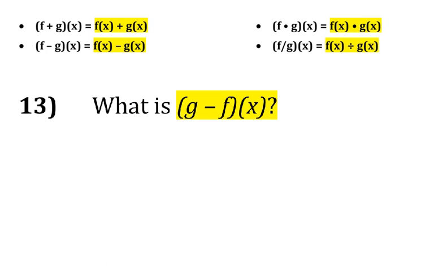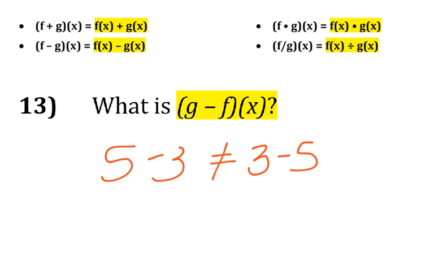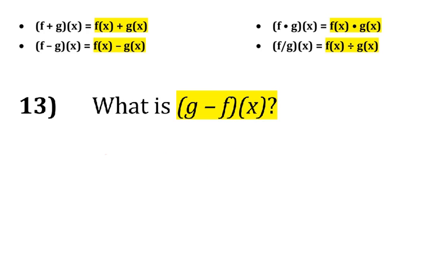Okay, number 13, it says g minus f of x. Now that's different than f minus g of x. We know from previous experience that 5 minus 3 is not the same thing as 3 minus 5. So let's see if that's true with functions. So if I take g of x and I subtract f of x, we're still using the same functions from last time.